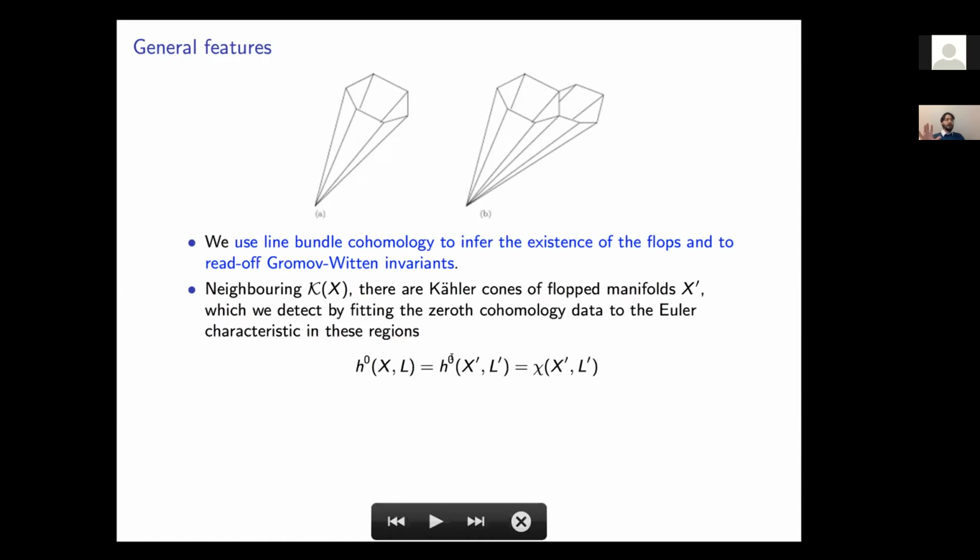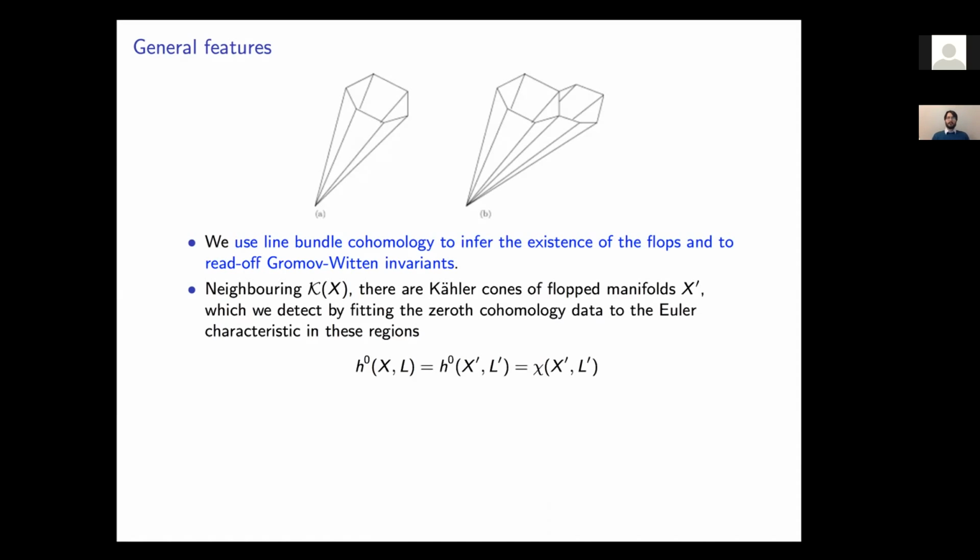So a flop, you have to think of a flop as a codimension 2 surgery operation. Is a process in which you have some P1 curves, some rational curves, which are taken out and replaced by other rational curves. But in codimension 2, it's an isomorphism, and line bundles correspond to divisors.